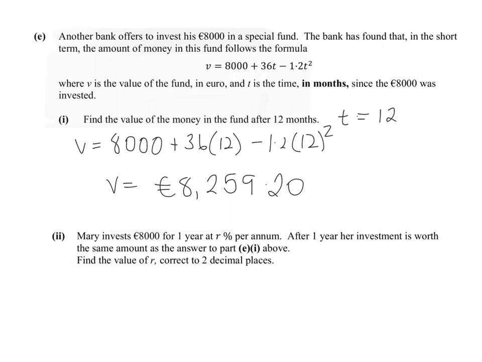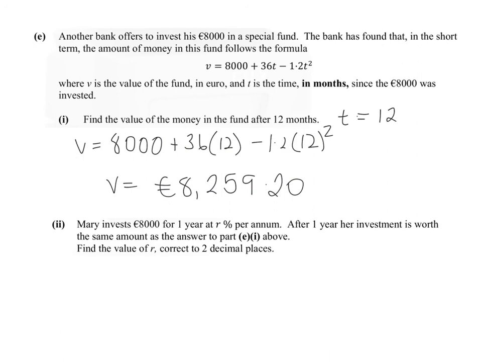Now, Mary wants to invest for part 2, the 8,000 for 1 year at R% per annum. After her 1 year, the investment is worth the same amount as the answer in part E above. Find the value of R. So she wants to know, if she invests this amount, what's her annual rate of interest.